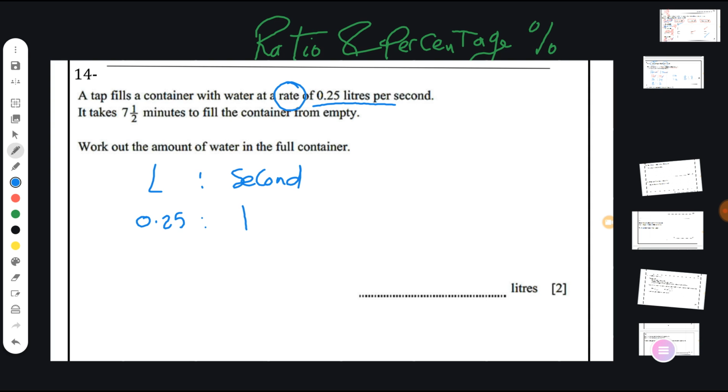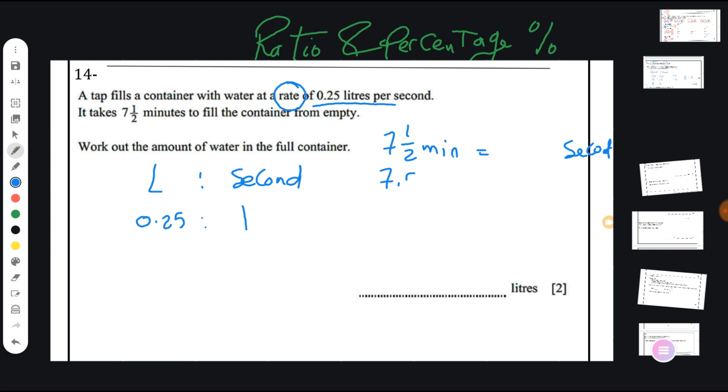Okay. So if I start to fill the container, it will take 7.5 minutes to fill the whole container. But actually, the rate here is per second. So I must convert from 7.5 minutes to seconds by multiplying by 60.